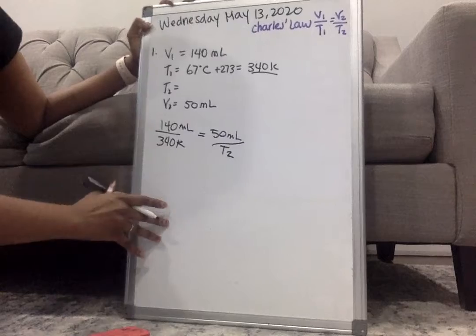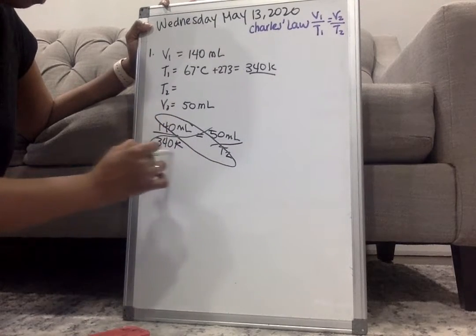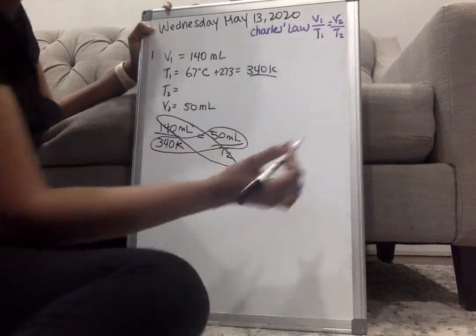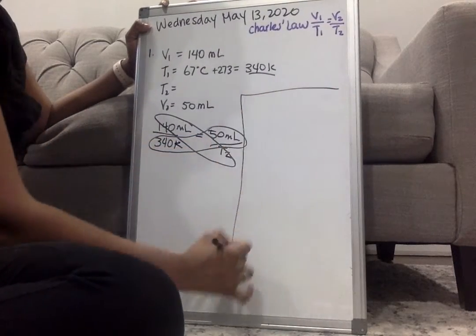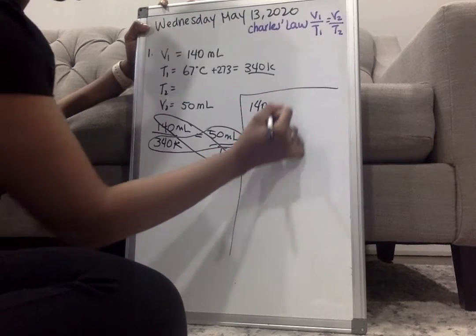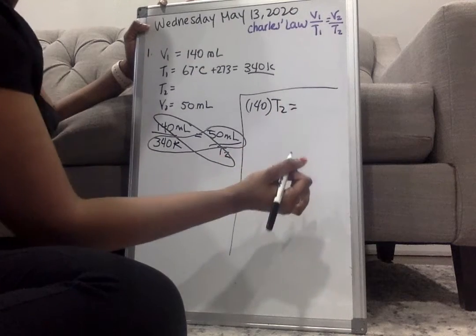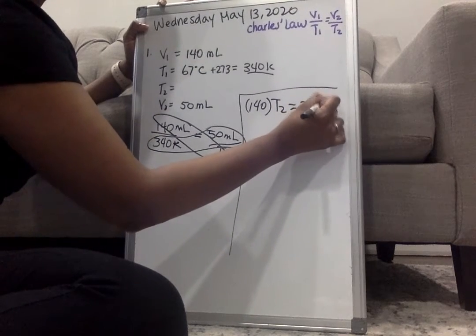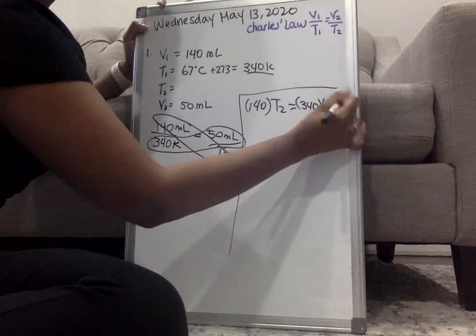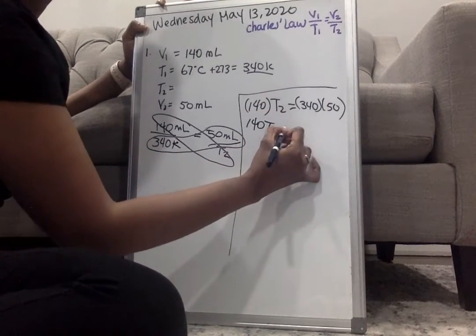Okay, so I'm going to multiply those numbers. I'm going to write over here. So we have 140 times T2 equals 340 times 50. So this side stays 140 T2.